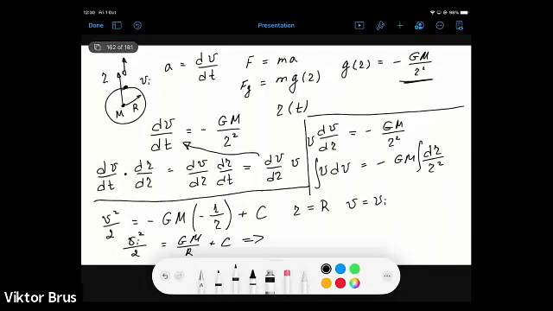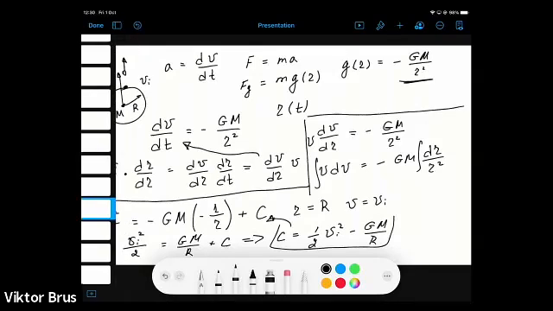From this equation, we can express the constant. Constant will be equal to 1 half of V initial squared minus G times mass of the planet divided by its radius. So now we have the value for our constant. We can substitute it instead of this constant in the previous equation. So let us do it on the next slide.